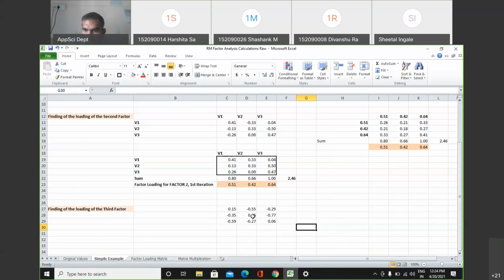So let us check. Yeah, corresponding values are right here. Okay, corresponding values are right. So this is the matrix to start with for the third variable.